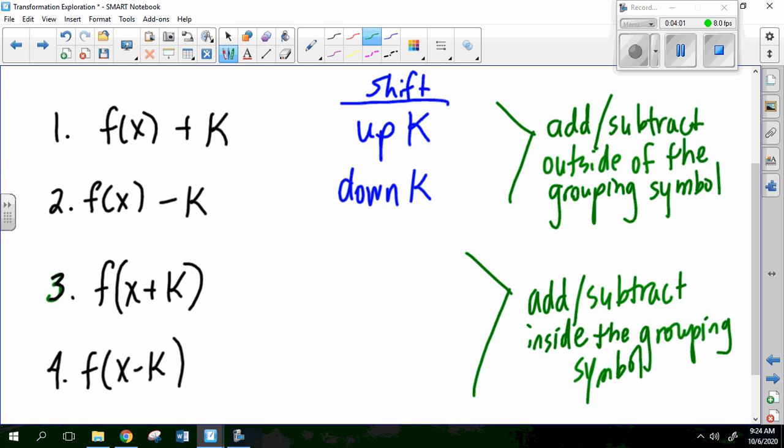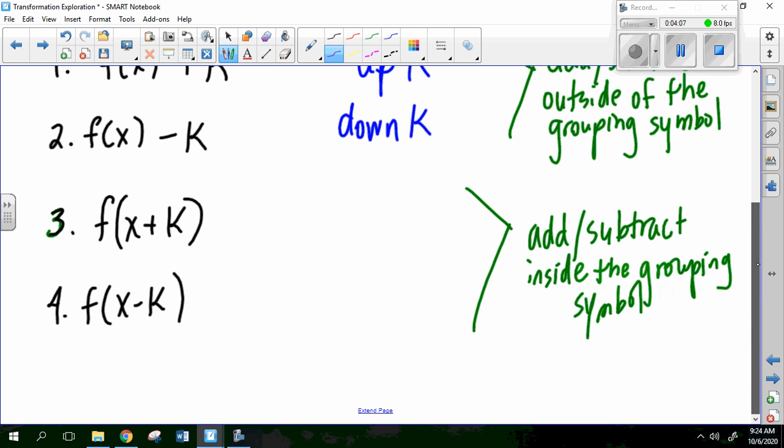What did we say the plus was? No, the ones that were inside the grouping symbol. So on our explorations, numbers 3 and 4, the plus was actually left that many.